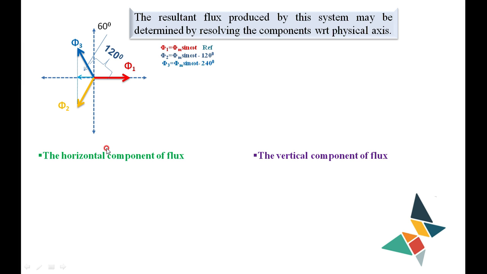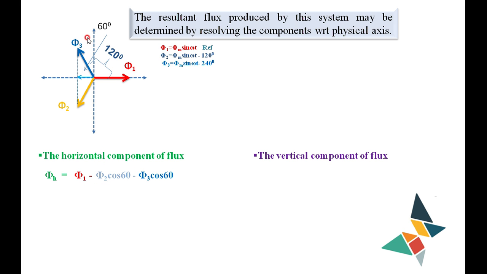Then the total horizontal component is the x component of phi1 and the x component of phi2; this angle is 60 degrees. If you take this triangle, you get phi2 cos 60. It is acting opposite to the plus x-axis. Therefore, I am taking this as phi2 cos 60.